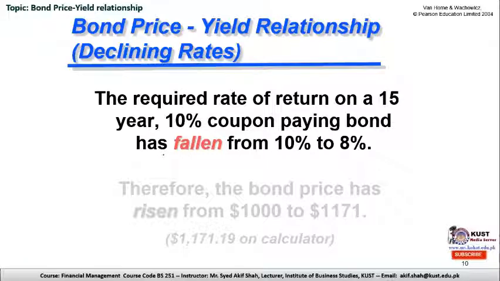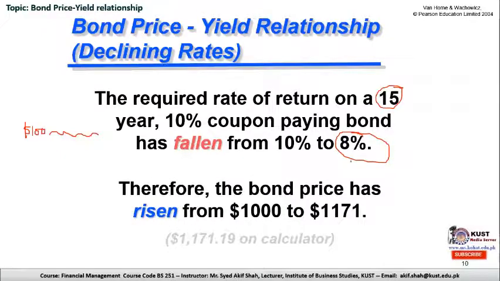With the help of the formula, you can simply calculate the coupon, which is the annual interest payment on this bond investment, by multiplying this 10% with the face value, and you will get $100 of coupon payment annually. Now this coupon payment will continue for how many years? Definitely for 15 years. So you can plug this data into the formula and use the discount rate of 8%, which is the market required rate of return.